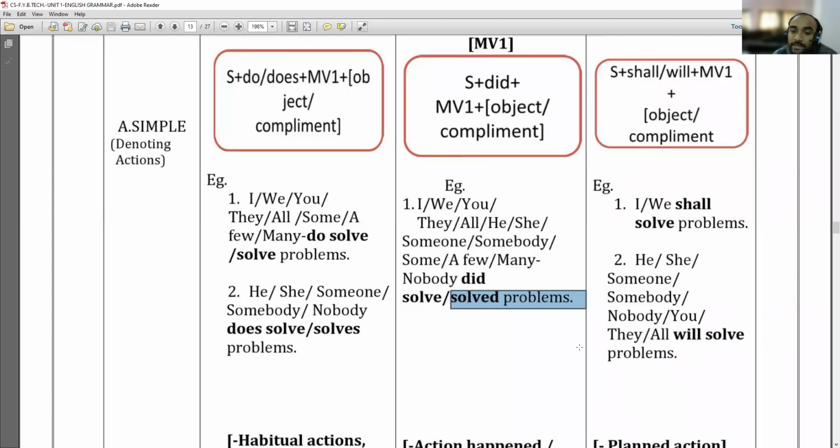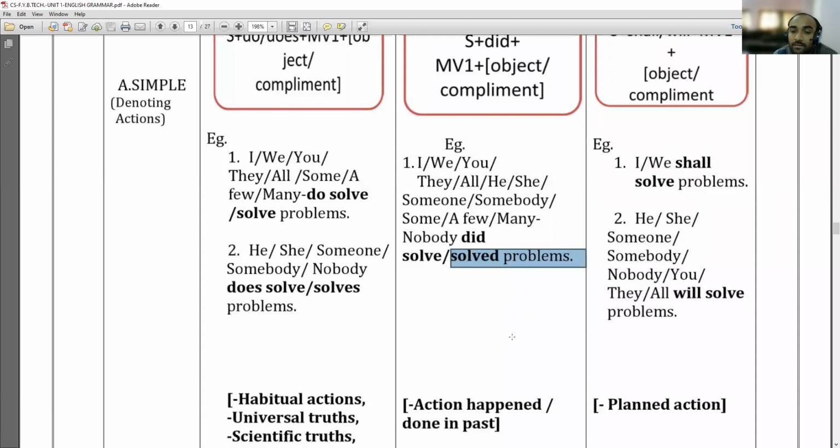We did solve problems or we solved problems. She solved problems, he solved problems, all solved problems. Many solved problems, nobody solved problems. सगळ्यांनी सोडवले, कुणीही सोडवले नाहीत.